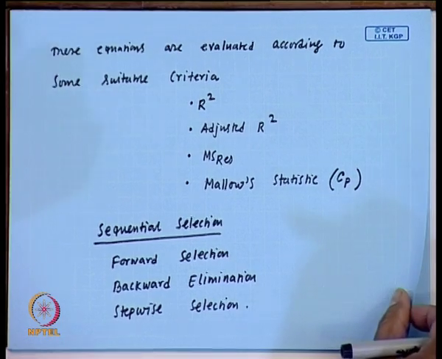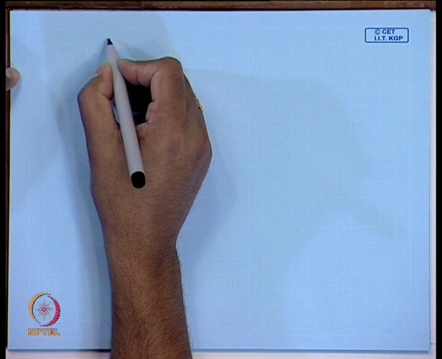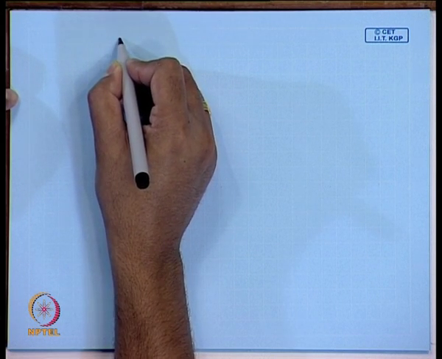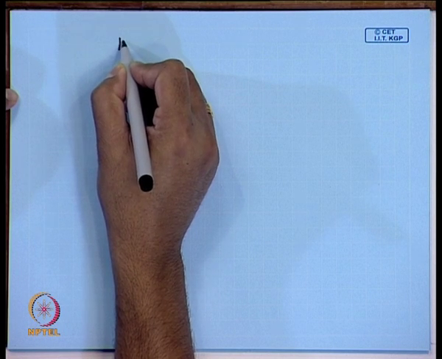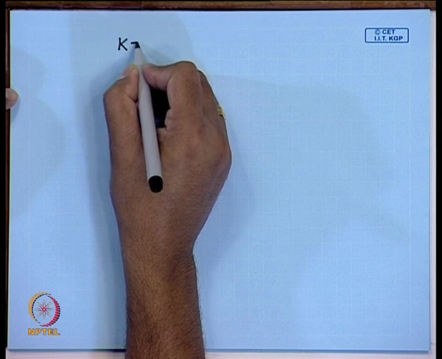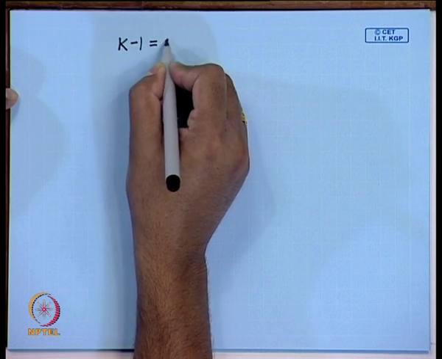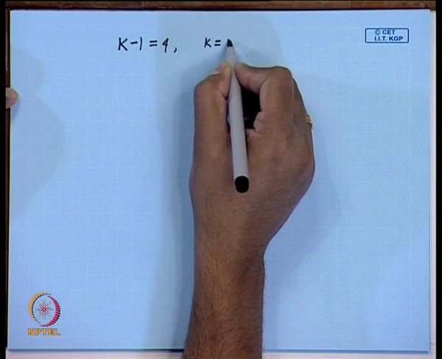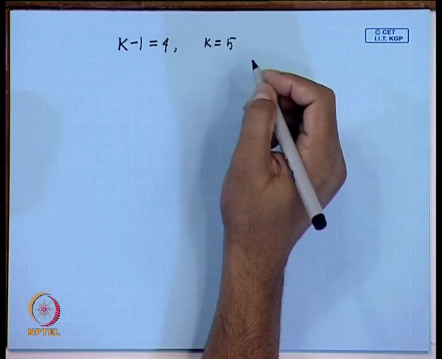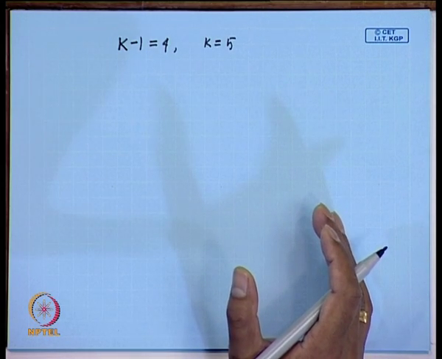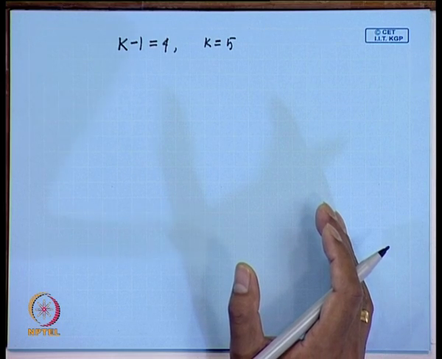Now, usually we denote the number of regressors by k minus 1. If k minus 1 is equal to 4, then k denotes the number of unknown parameters in the model.